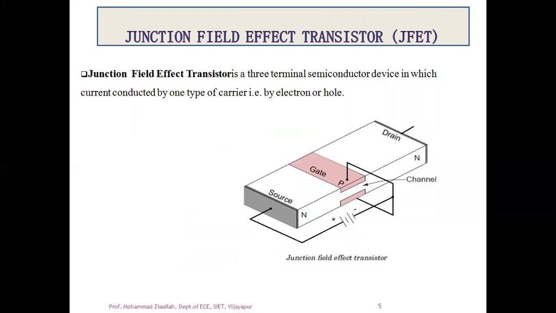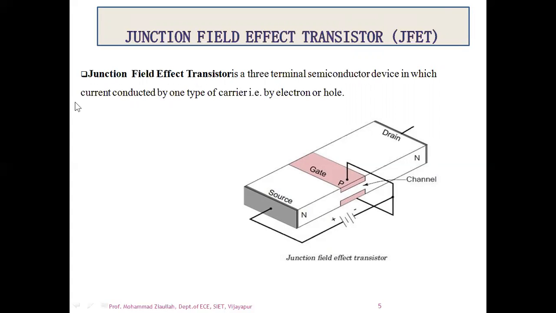Coming to the first categorization of field effect transistor, that is JFET, the junction field effect transistor. It is a three-terminal semiconductor device made up of silicon, in which current is conducted by one type of carrier, that is by electrons or holes.